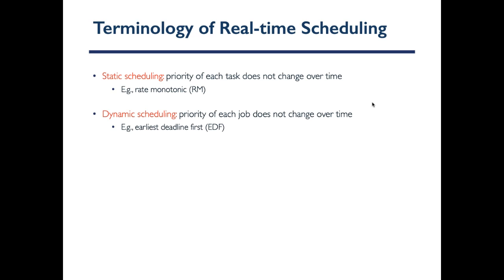All the categories that you can see here, static scheduling, dynamic scheduling, and fully dynamic scheduling, belong to the class of online schedulers. So we have 2 types of schedulers, online and offline.